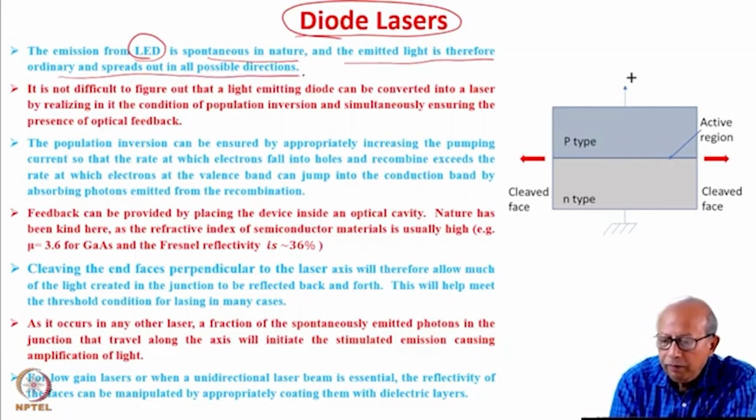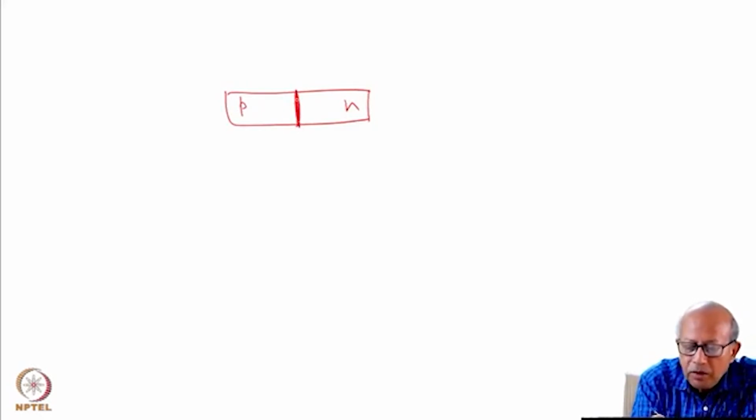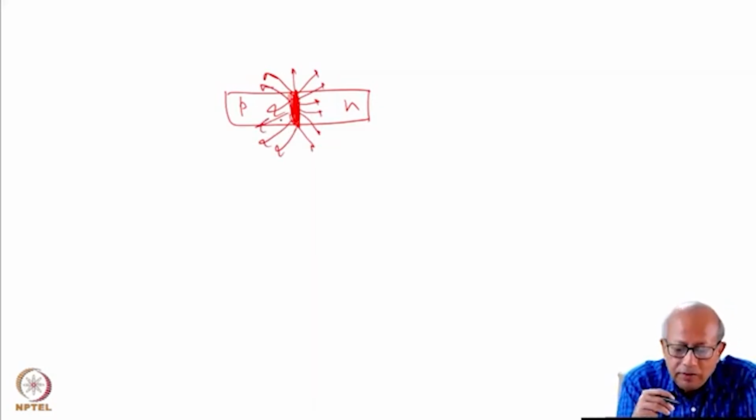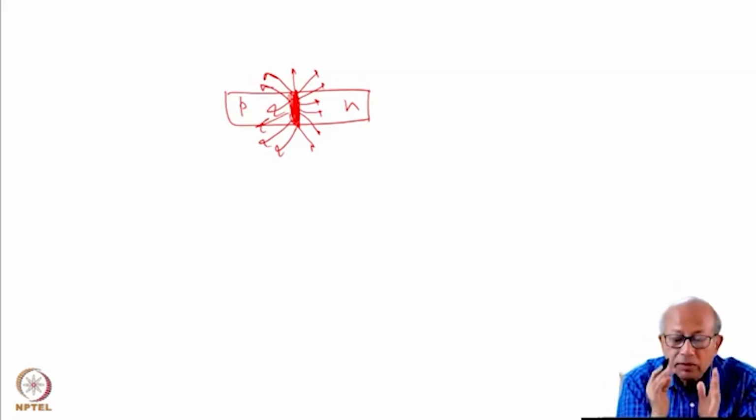If we draw this PN junction, this is the P region, this is the N region, this is the depleted region where the charges actually recombine and light is emitted. Here I show the emitted light in two dimensions, but basically the light is emitted all around for the entire 4 pi solid angle. So this is spontaneous emission.